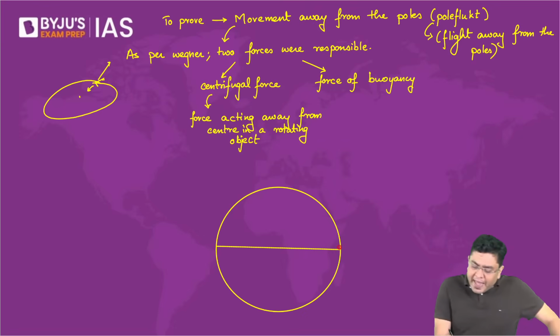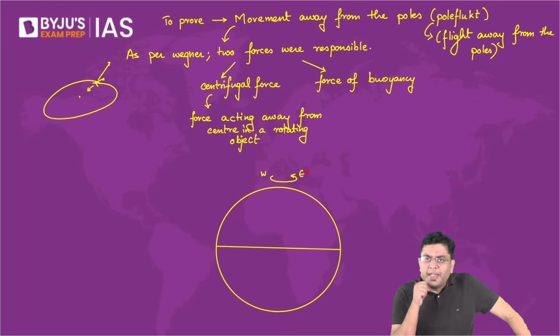Here, it is slightly bulged at the region of the equator and flattened around the region of the poles. So if this planet is consistently rotating from west to east, at what portion of the planet do you think the centrifugal force is acting, if it is flattened around the poles and bulged around the equator? Where do you think? Very good.